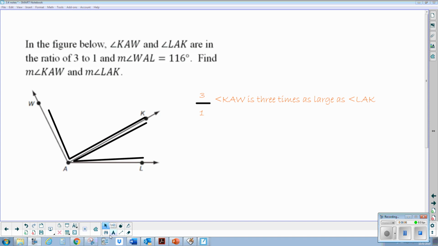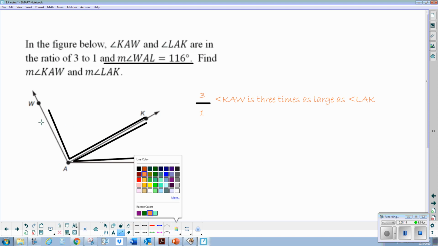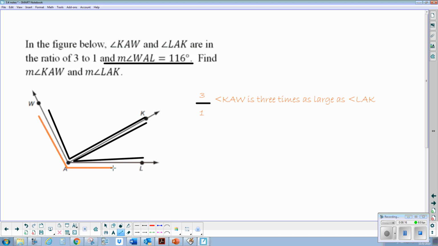To set this equation up, I know that the two together, WAL, is the sum of those two angles per our angle addition postulate. So I know that angle WAL is 116 degrees. First I'm going to write this using the angle addition postulate.